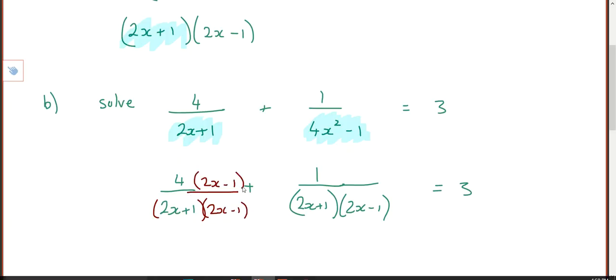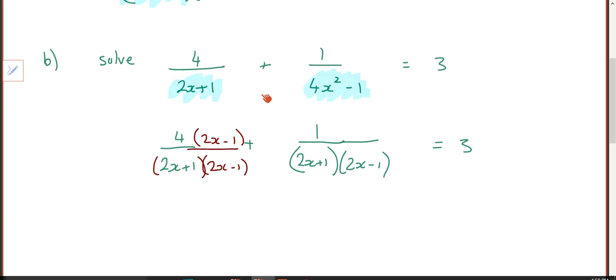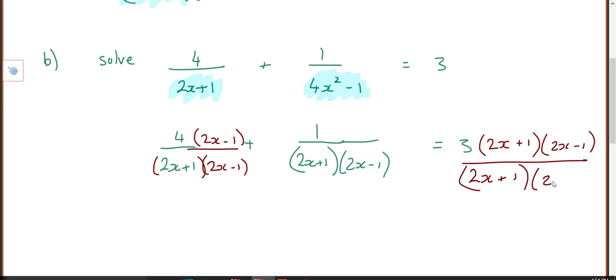Now my denominator's the same. However, what have I told you about fractions? You didn't do it on the other side. Everything has to have the same denominator. Therefore, this one has to be multiplied by 2x plus 1, 2x minus 1, over 2x plus 1, 2x minus 1. Now, there is another way of doing it.